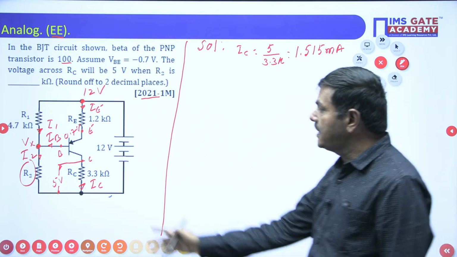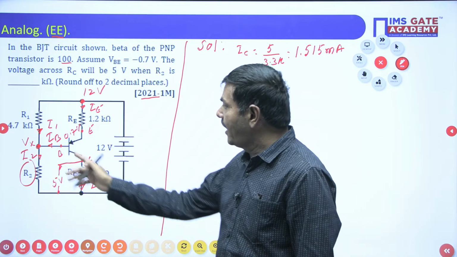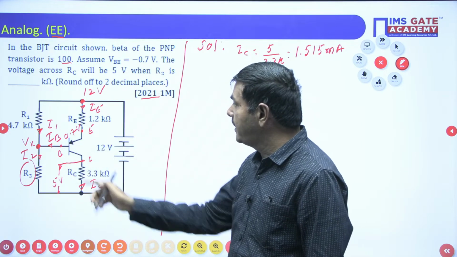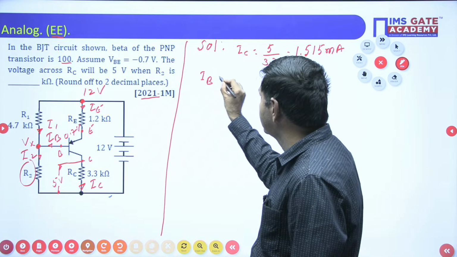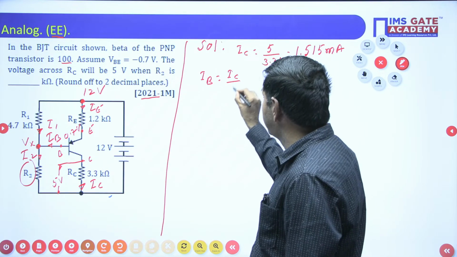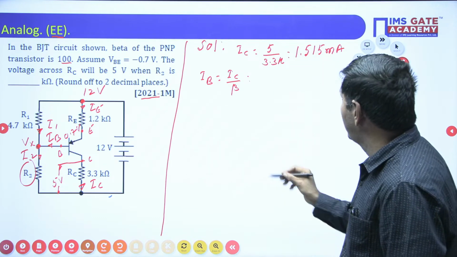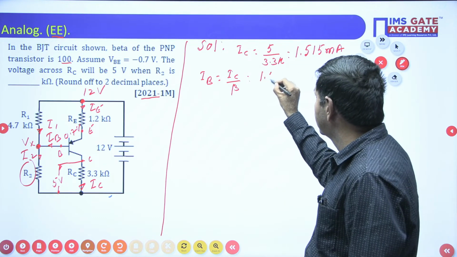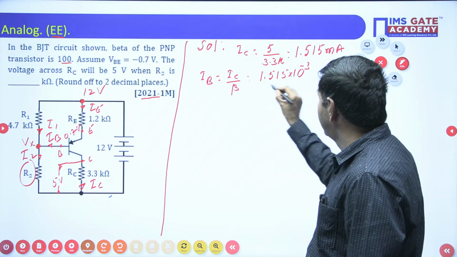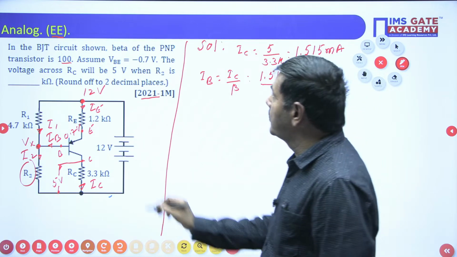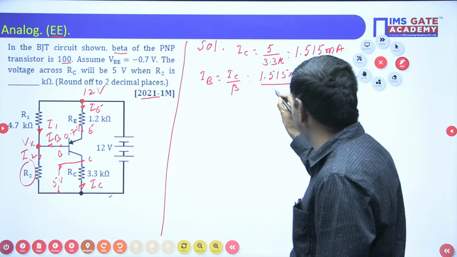If you got IC, don't be satisfied; IB is also a must here. How do you get IB? You know the formula: IB equals IC by beta. We got IC here as 1.515 milli, 10 power minus 3. Beta is given in the problem; PNP beta is given as 100, so I put 100 here.